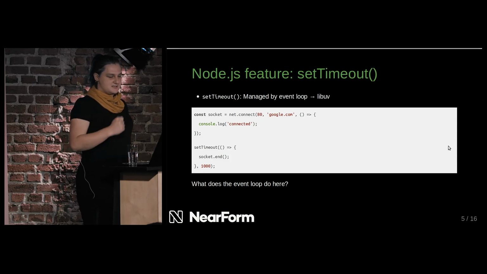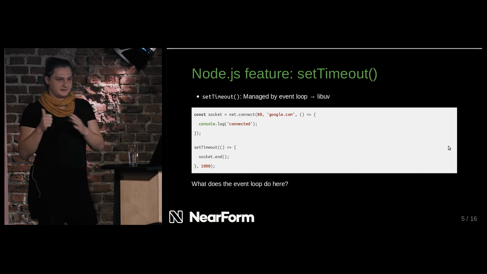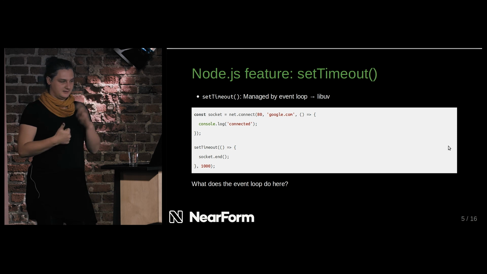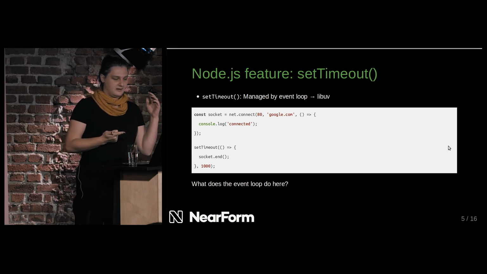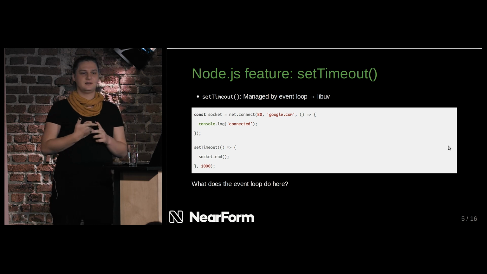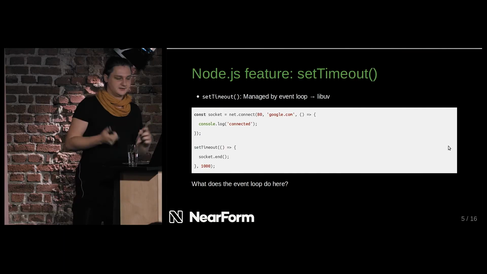So if you look at this example and think about what happens, there's one asynchronous operation happening, connecting a network socket, and a setTimeout. In an event loop-based system, there's always only one piece of code running at a time. So the event loop has to be aware of both the timer and the network connect operation.